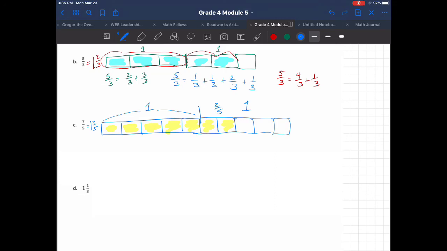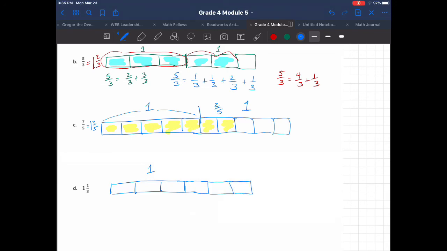Okay, D is 1 1/3. So I know this is thirds. So there's 1/3, 2/3, 3/3. So that's 1. And I need 1 more third that I'm going to shade in.